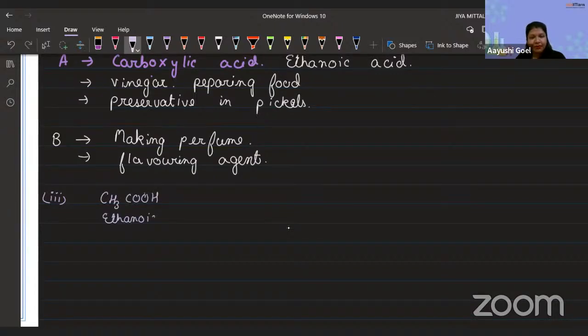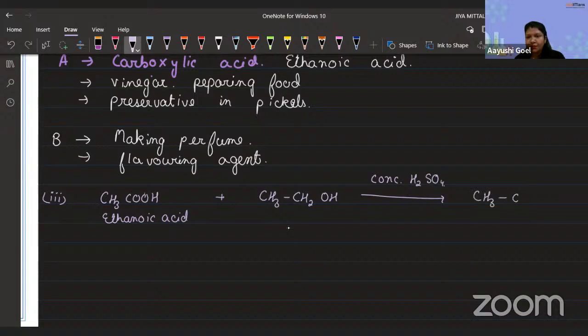Ethanoic acid is reacting with ethanol in presence of concentrated H2SO4 to give you ethyl ethanoate actually.